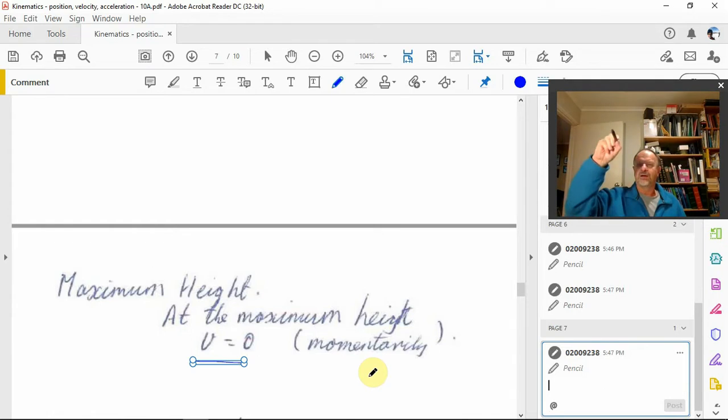So right up here at that point, it's momentarily at rest. You throw it in the air, it comes back down. Of course, gravity's pulling it down, so it's slowing down, slowing down, slowing down, momentarily at rest, then it falls and speeds up, speeds up, speeds up.